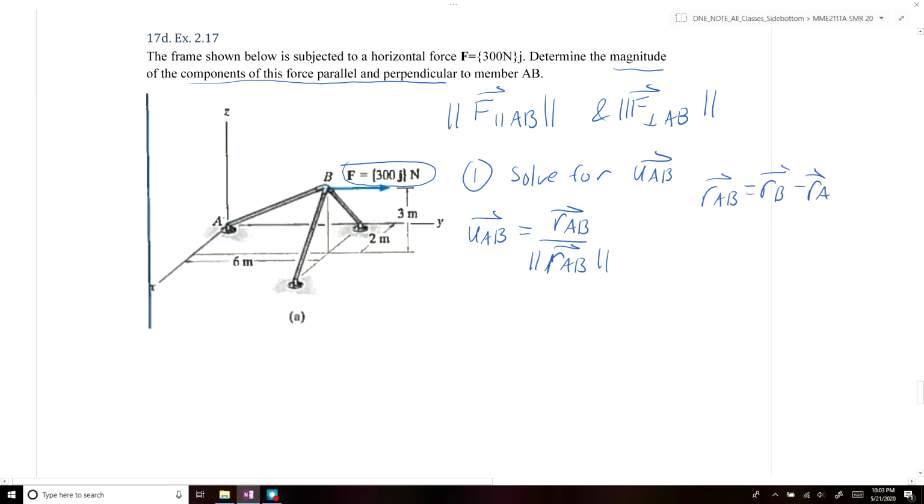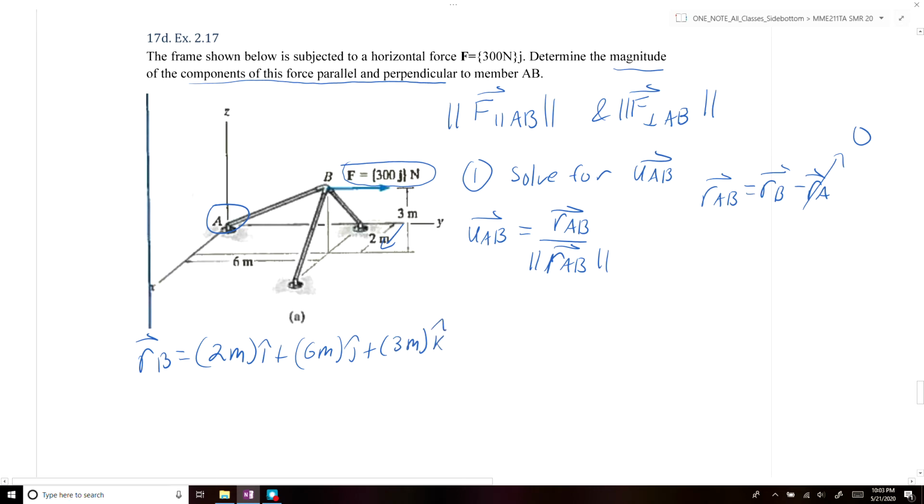In this case, point A is at the origin, so RA is equal to 0, so RAB is just equal to RB. And RB is equal to 2 meters in X, 6 meters in Y, and 3 meters along the Z direction.